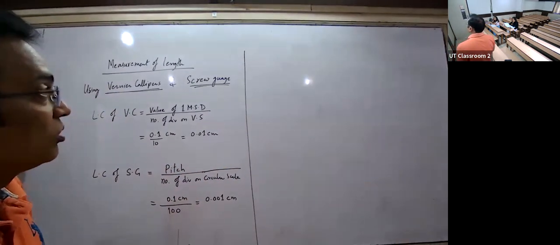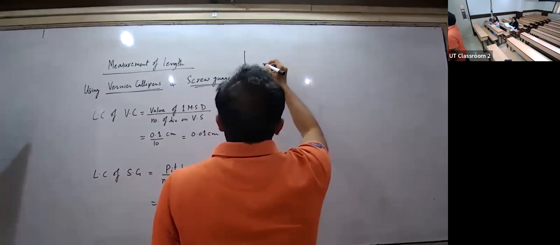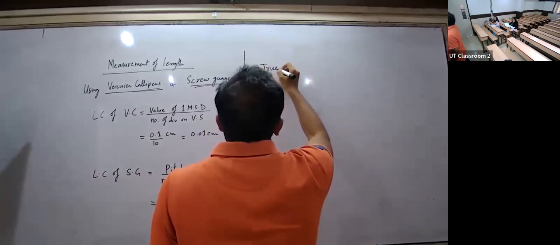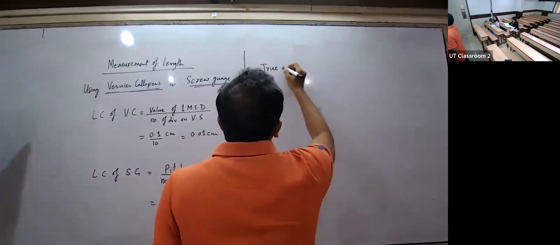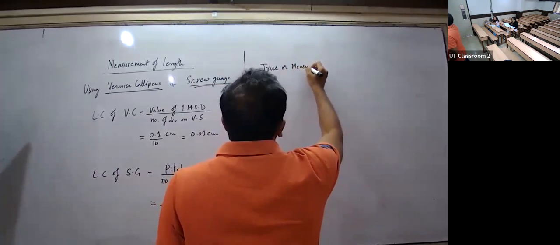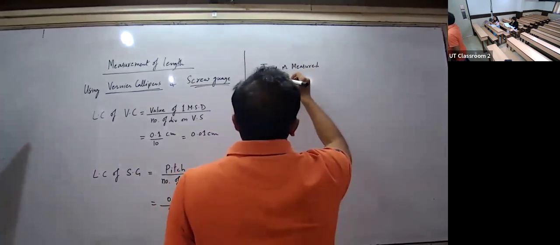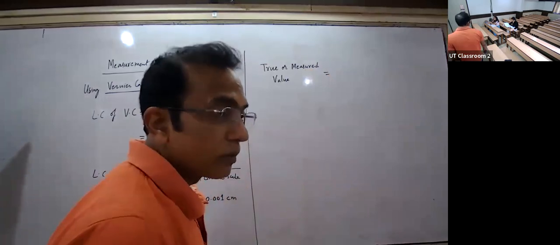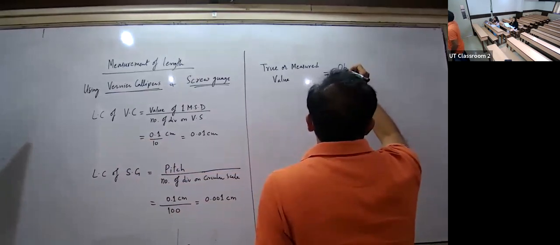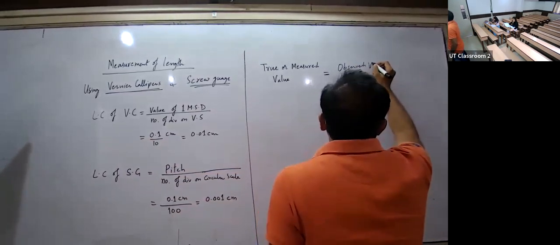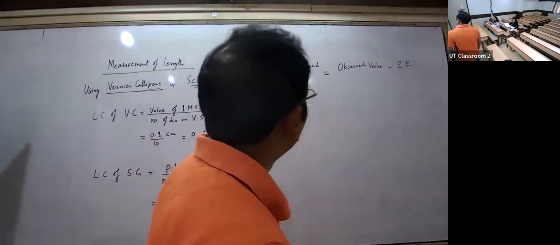Okay, now how do you take measurements, I told you. The measured value, or corrected value, must be equal to what? Observed value minus zero error. And what was the observed value?